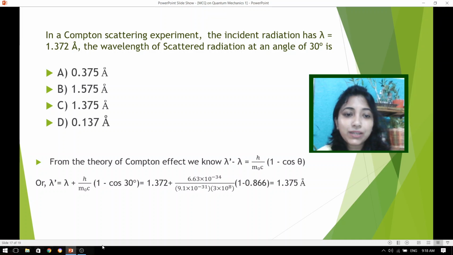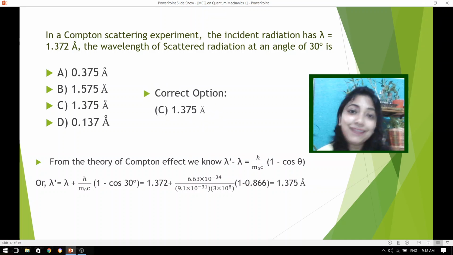So we can put in the value of theta equal to 30 degrees and calculate the value of the scattered radiation. Putting in all the values, as you can see I have shown over here, we get the value as 1.375 angstroms. So we can choose option C as our correct option. Alright.